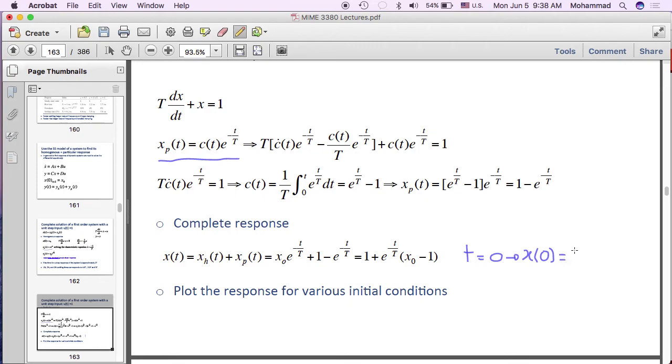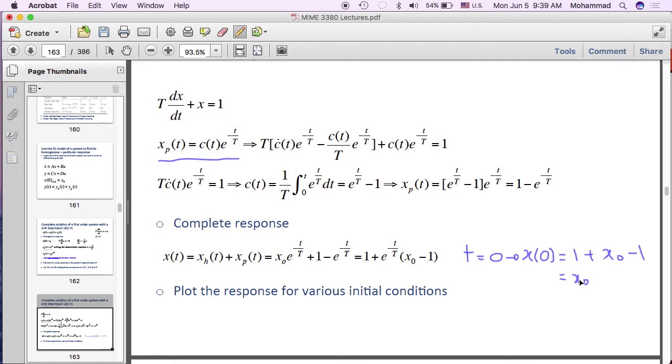So the answer is 1 plus x naught minus 1. So the value of the function, as you expect at time 0, is equal to its initial condition. That's a check to see that what we found makes sense. It should give you x naught at time 0.